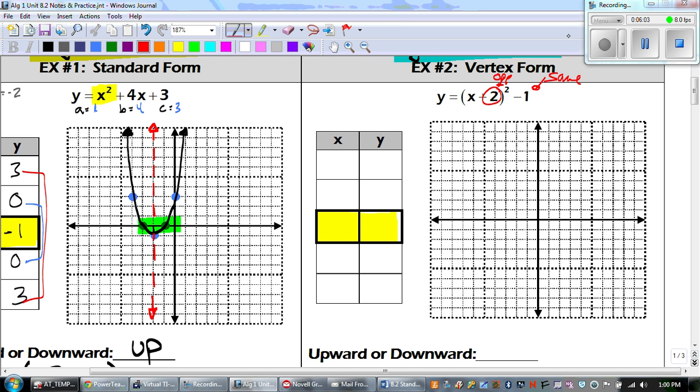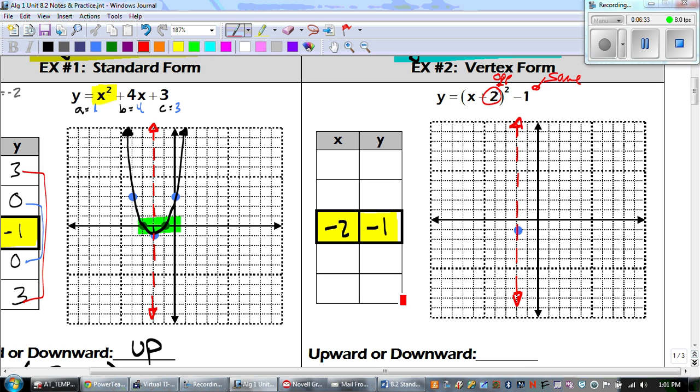So the opposite of +2 is -2, and then it stays the same at -1. Being Mr. Grice, I like to graph that right away. That's my vertex, which means I can draw my axis of symmetry going straight through that point.